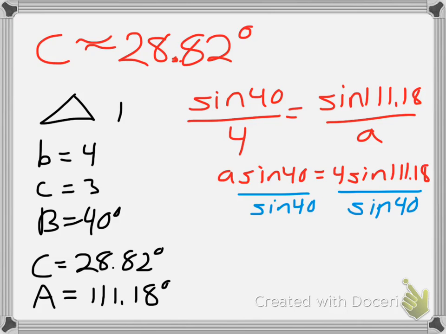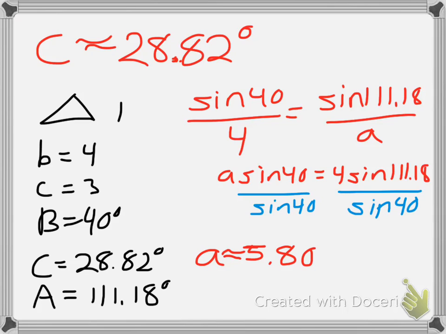So I can only divide by sine of 40 in its entirety. Which means when I do 4 sine of 111.18 and divide that by sine of 40, A is going to be about 5.80, because my approximation was 5.802, it doesn't round up, so I'll leave it at 5.80, or of course you could say 5.8.